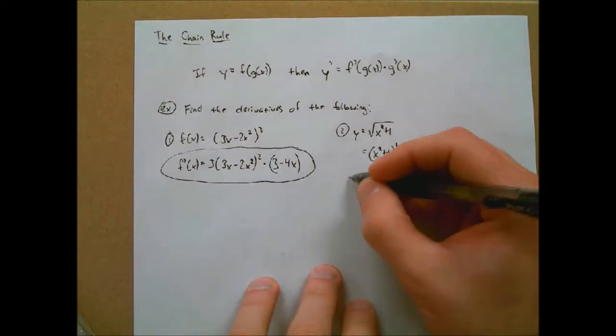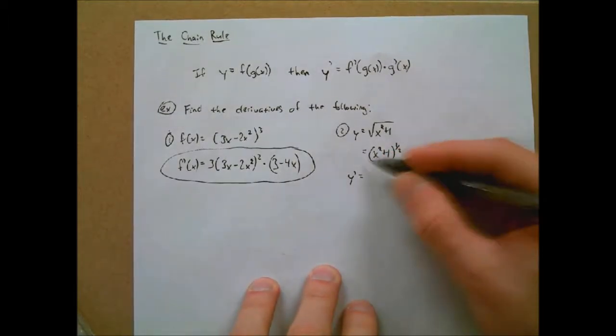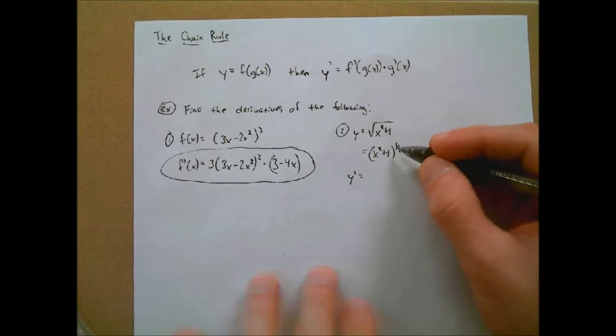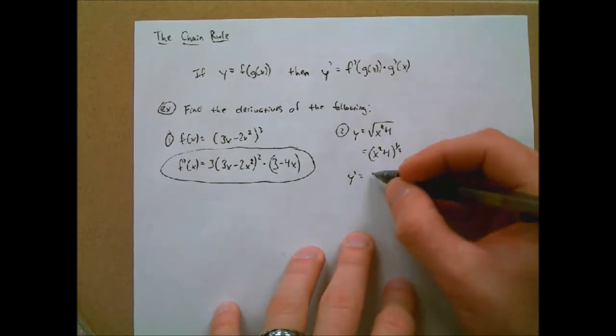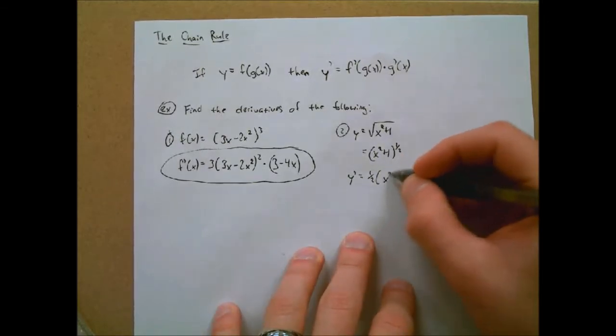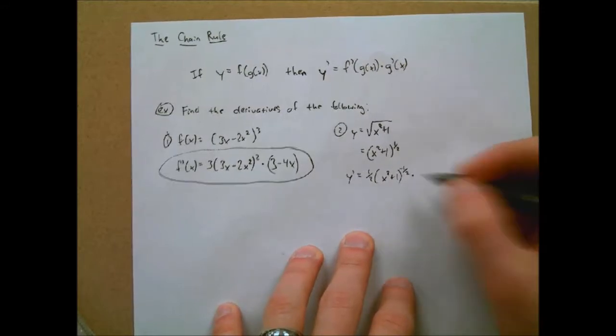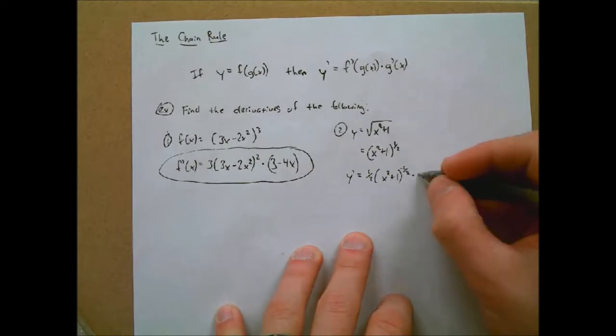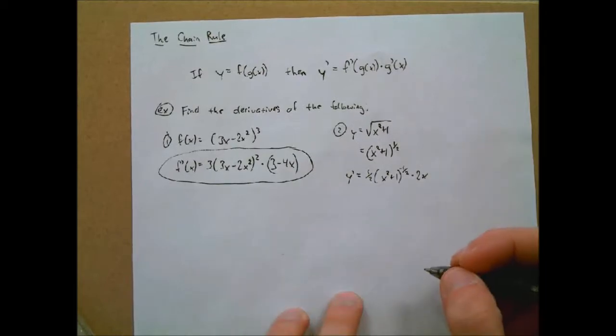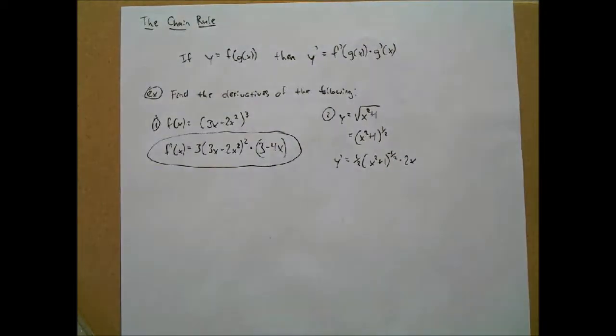Okay? So outermost layer is something to the 1/2. So what's the derivative of something to the 1/2? 1/2, that's something to the negative 1/2 times 2x, the derivative of what's inside. Exactly right. Again, you could stop here and say we're done. However, this one does simplify a little nicely.